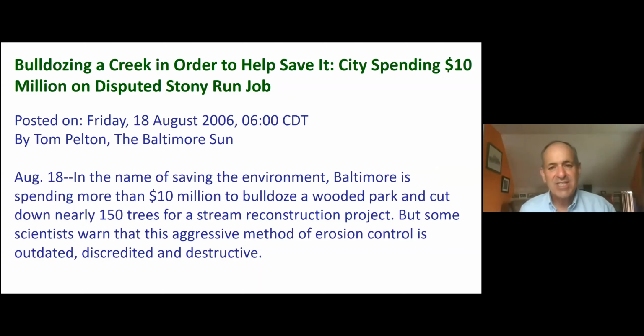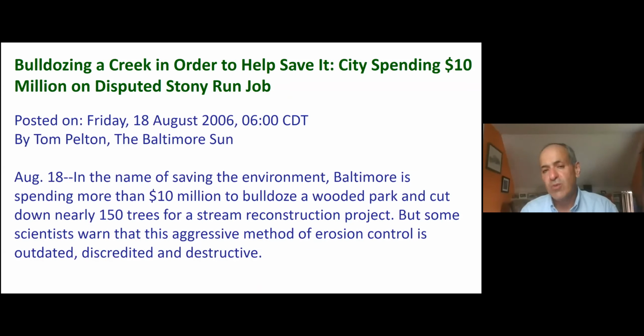What kind of technology is this? Outdated, discredited, and destructive. And this was kind of heartbreaking for us as scientists, though we weren't the municipal decision makers who were really on the hook with this. But it really made the case that unless we aggressively deal with the human dimension in these projects, we're going to have big failures at the interface between science and society.